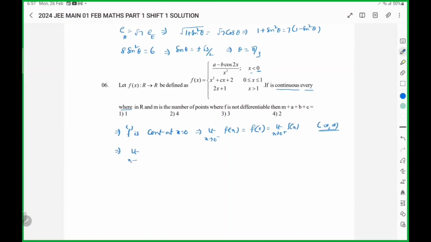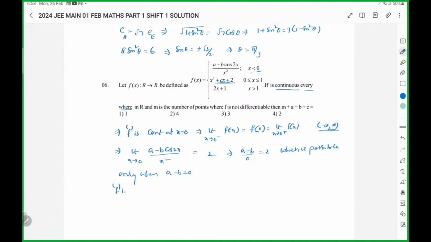So for x less than 0, a minus b cos 2x, f of 0 is 0 square plus 0 plus 2. Once we substitute here, which is possible only when a minus b is 0. If a minus b is not 0, it can't be a finite quantity, it will be infinite, which cannot be equal to 2.